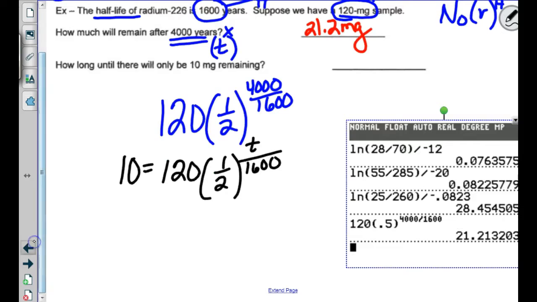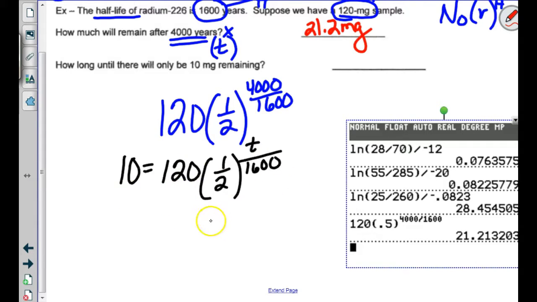This is very much like a quiz question and a final exam question. The only thing is, it says on the quiz, how long until there will be less than 10, and then you have to round differently. But for this one, it says only be 10, so we'll just go with a pretty exact answer here.